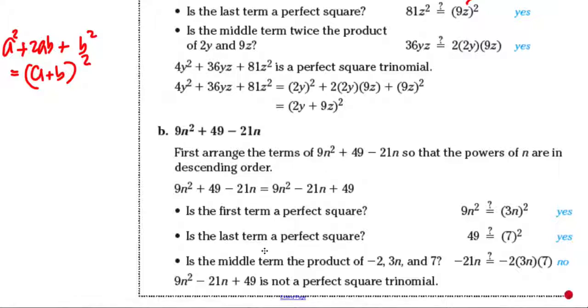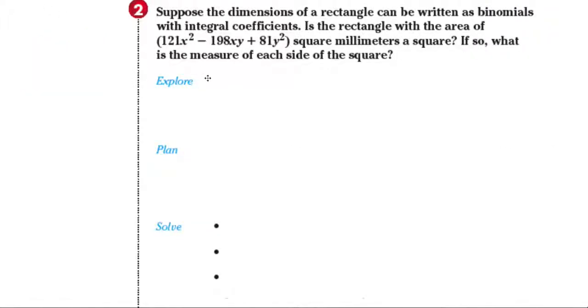Okay? Let's take a look at example number 2. Suppose the dimensions of a rectangle can be written as binomials with integral coefficients. Again, integral coefficients mean that the coefficients are integers. So with integral coefficients, the rectangle has an area of 121x squared minus 198xy plus 81y squared square millimeters.